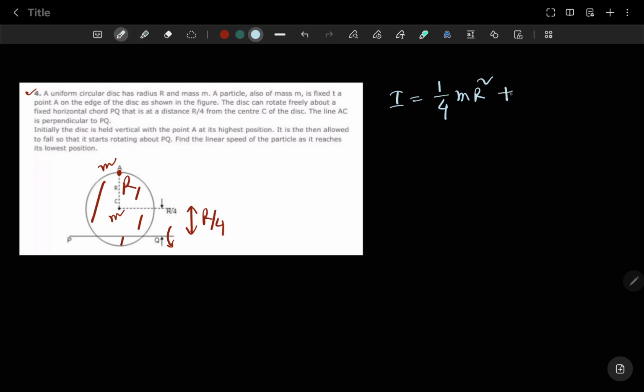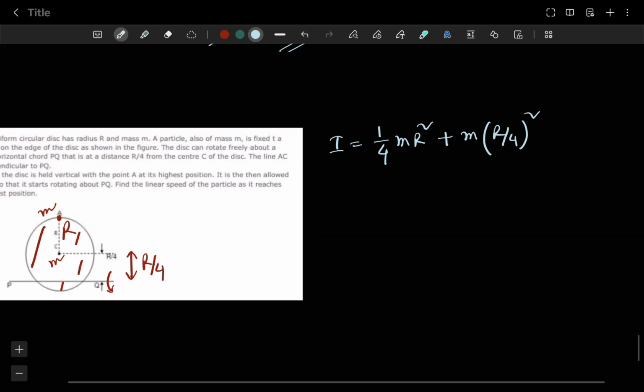So we have to use the parallel axis theorem. That means we have to do mr square by 4 plus m (r/4) square. So now this is the moment of inertia of the disk.